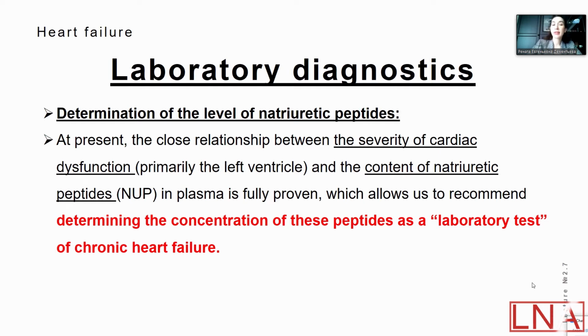At present, the close relationship between the severity of cardiac dysfunction, primarily of the left ventricle, and the content of natriuretic peptides in plasma is fully proven. This allows us to recommend determining the concentration of these peptides as a laboratory test for chronic heart failure.